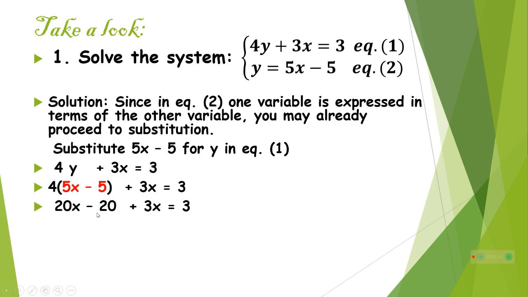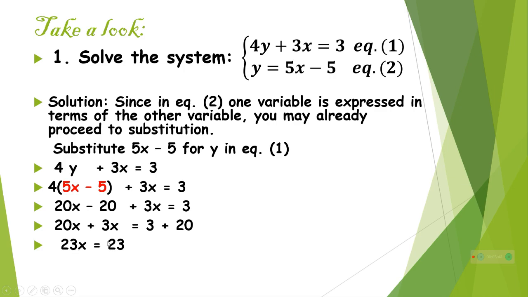So we have 20x plus 3x is equal to 3 plus 20, because we have here negative 20, using the addition property. So we will have here positive 20 now. And then combine like terms. So 20x plus 3x is 23x, and then 3 plus 20 is 23. So that's why we will have here 23x equals 23.